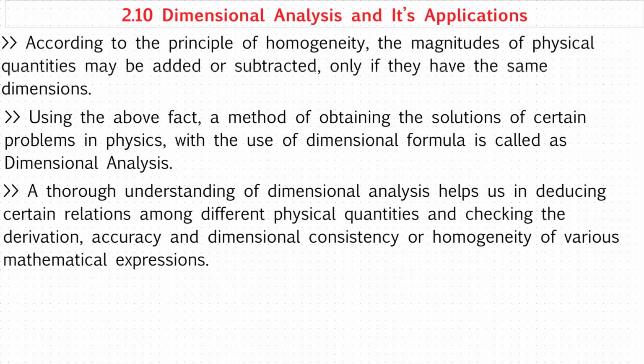A thorough understanding of dimensional analysis helps us in deducing certain relations among different physical quantities and checking the derivation, accuracy and dimensional consistency or homogeneity of various mathematical expressions.